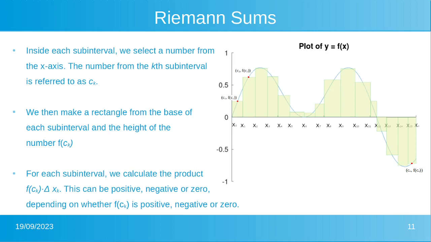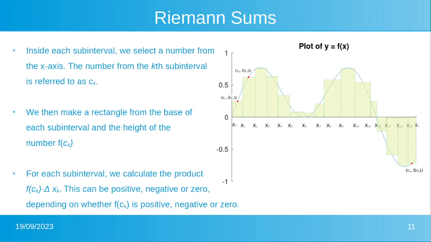And then we've done something similar for the second subinterval. We've selected an x value from the x-axis within that second subinterval, and we call it number c2. And then we've worked out the corresponding y value for that x value, f of c2, and we've highlighted the point c2, f of c2 in red on the plot.